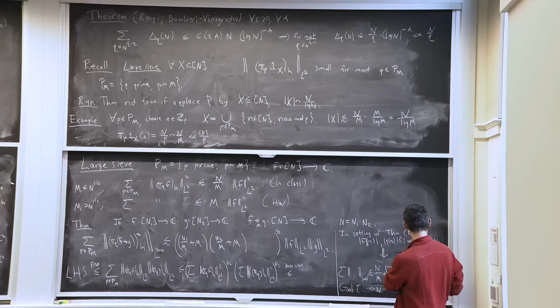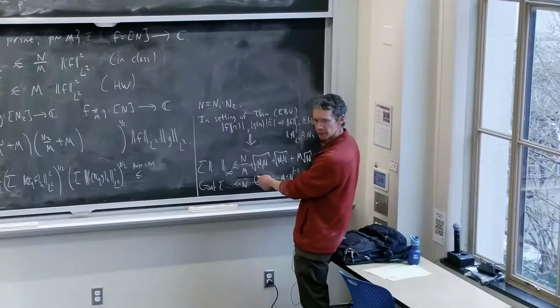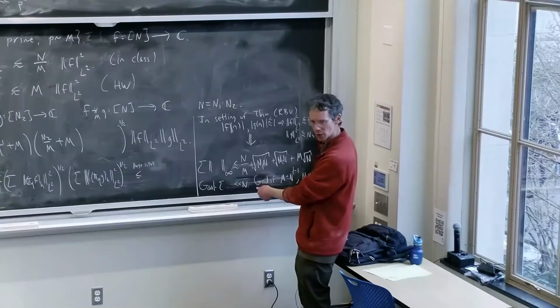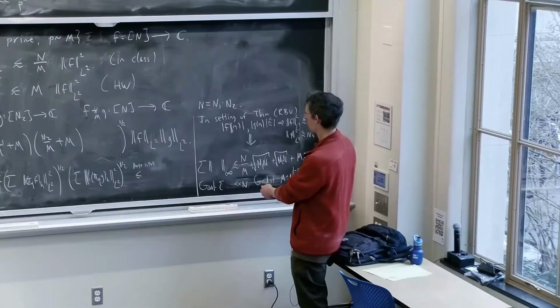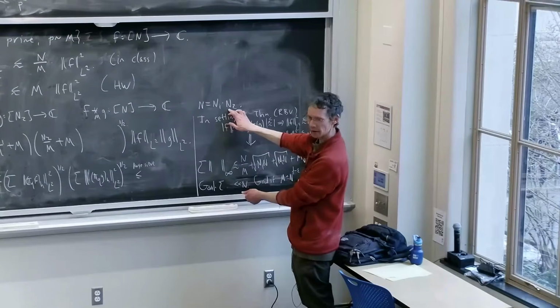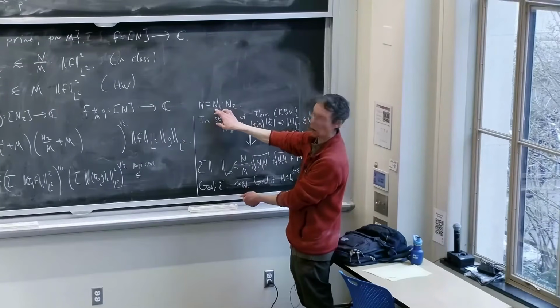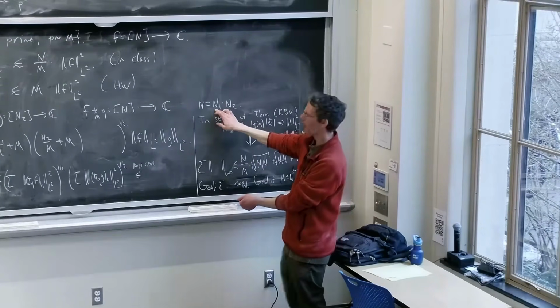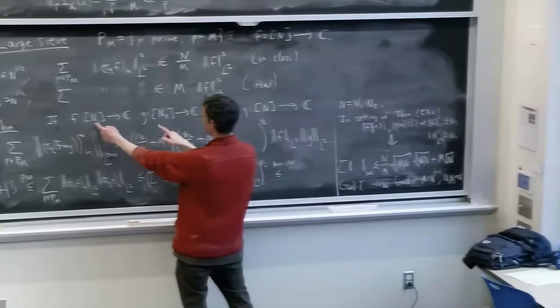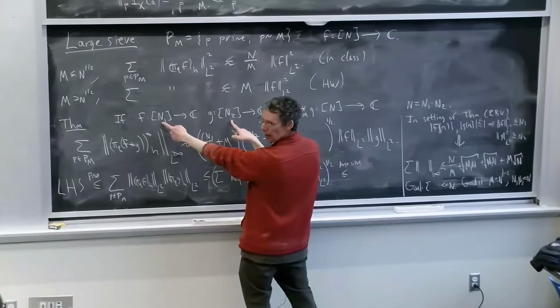So one comment is that it doesn't work very well if n1 or n2 is almost n. And there's a conceptual reason for that. Suppose n2 was n. That means n1 would be 1. So my f is supported just on 1, and my g is supported all the way up to n.